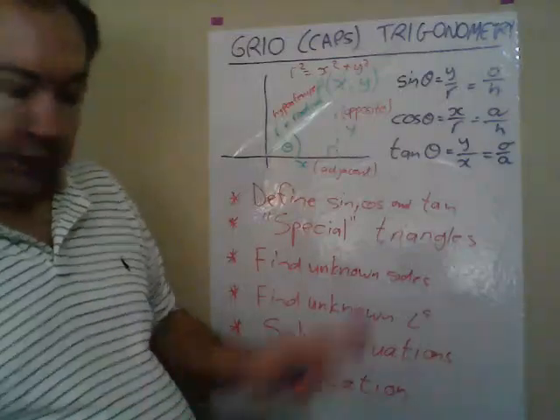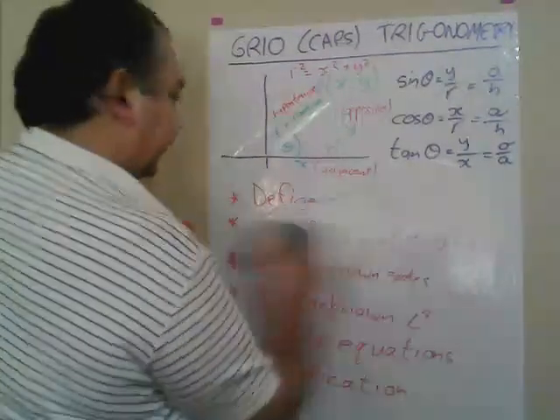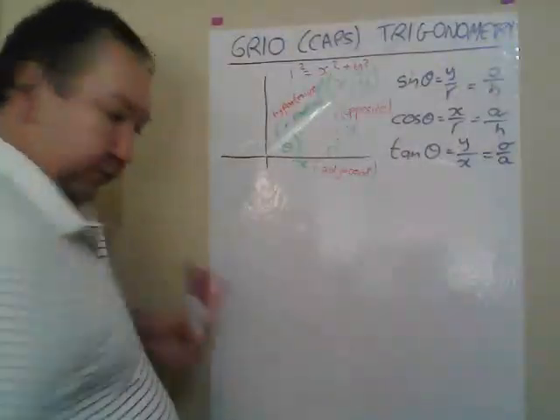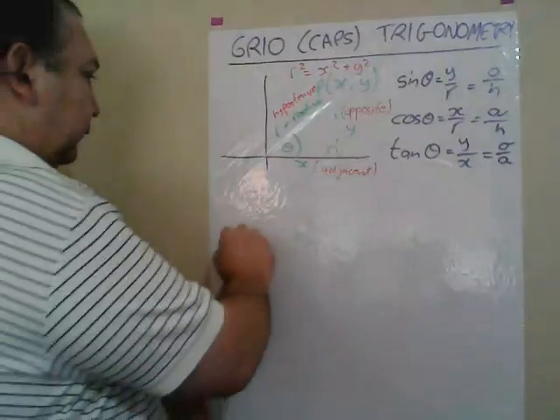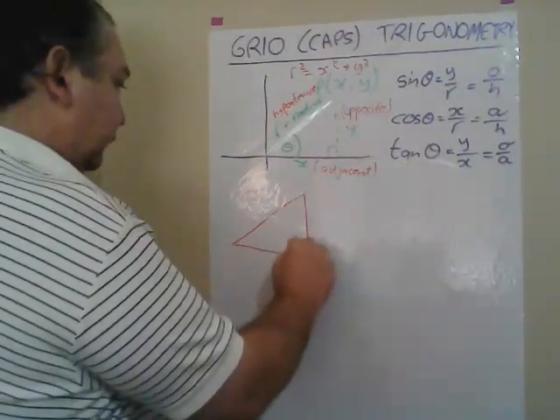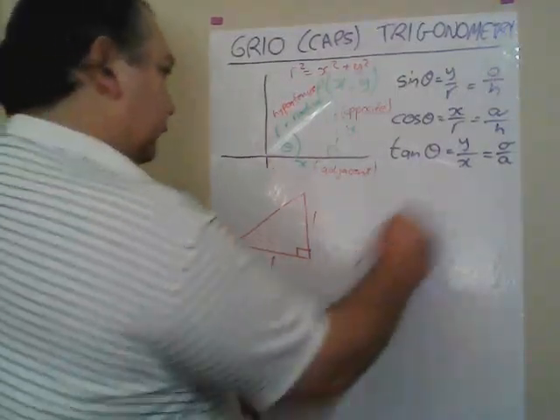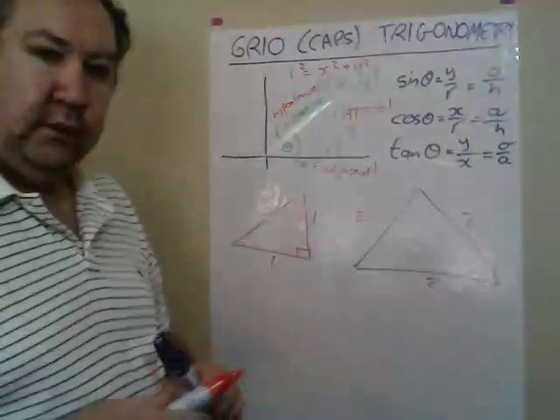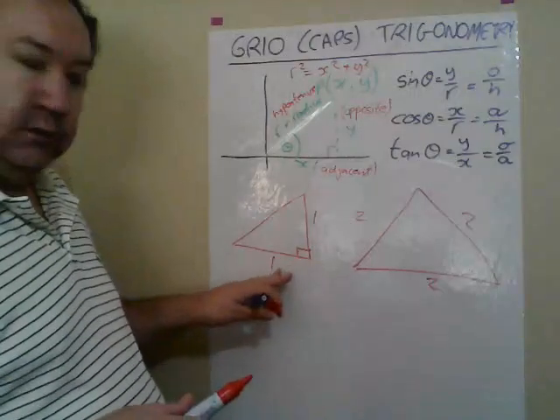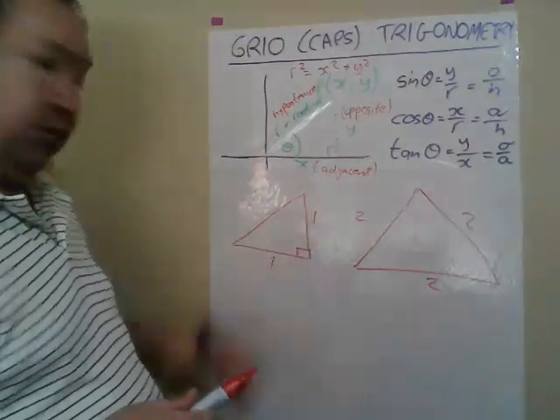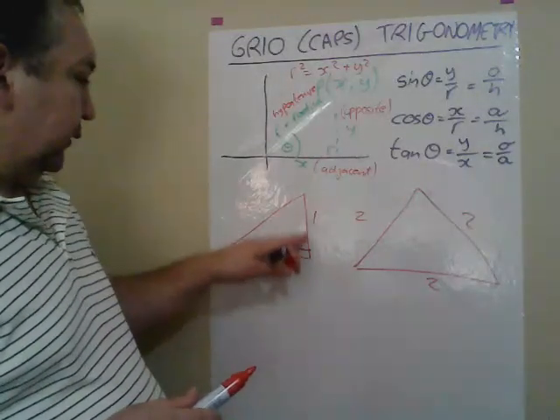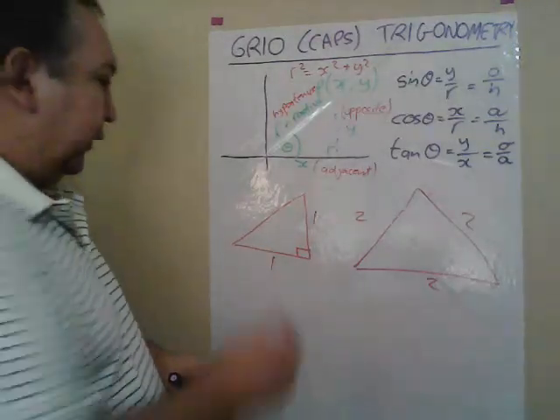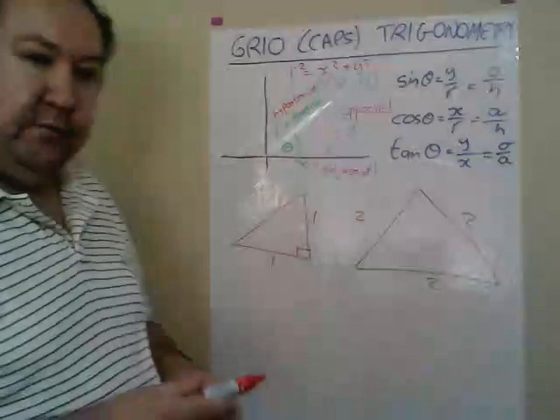Okay, so I'm going to clean the board for a moment. Okay, two triangles. This one's got 90 degrees, 1 and 1, and therefore it's an isosceles right angle triangle, which means these two angles must be the same.